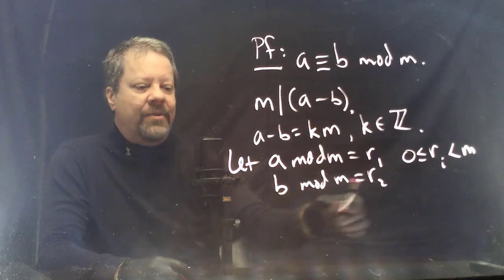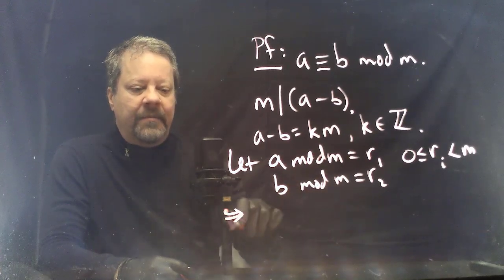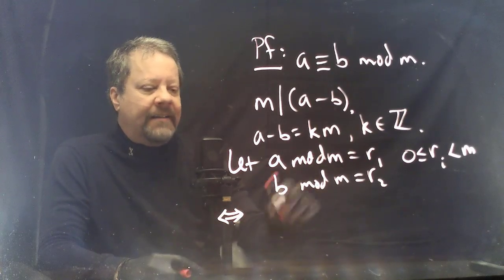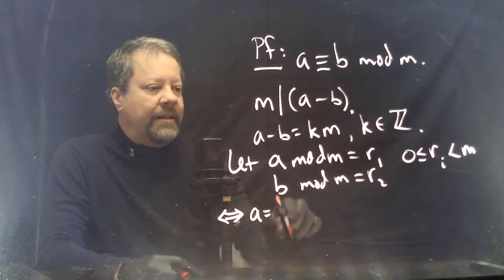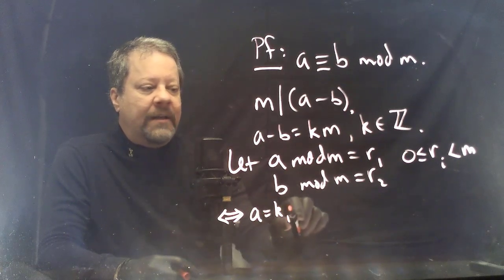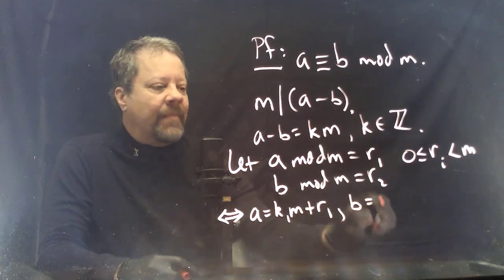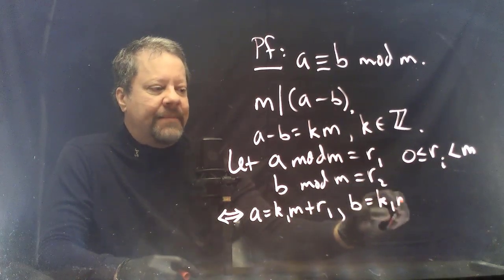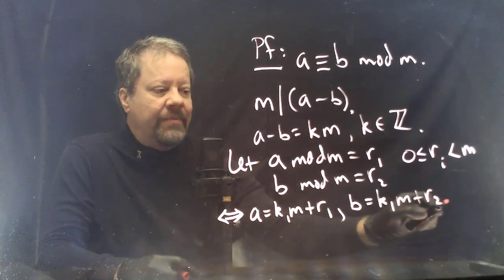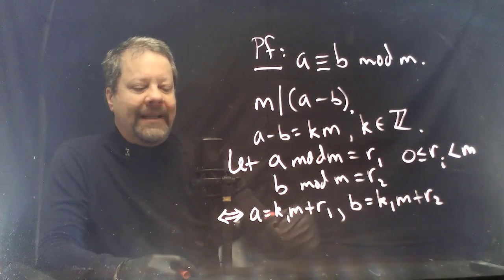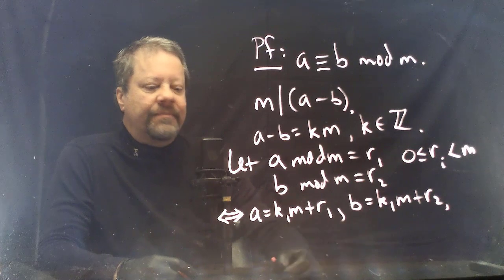What do these two equations mean? They mean that a is k1 times m plus r1, and also b is k2 times m plus r2, where k1 and k2 are integers.